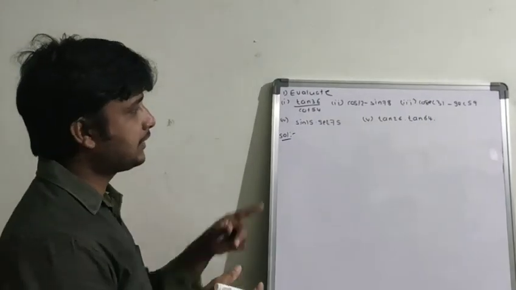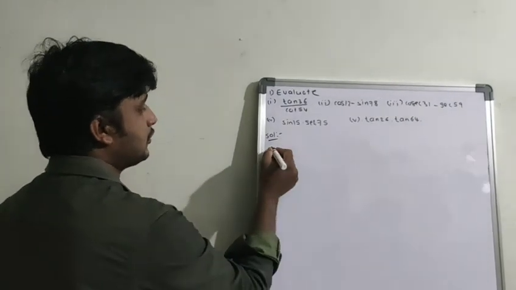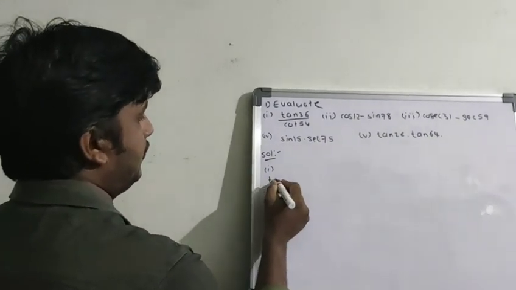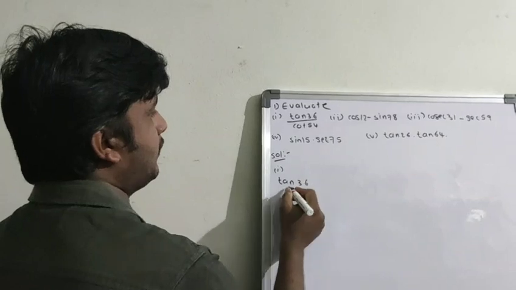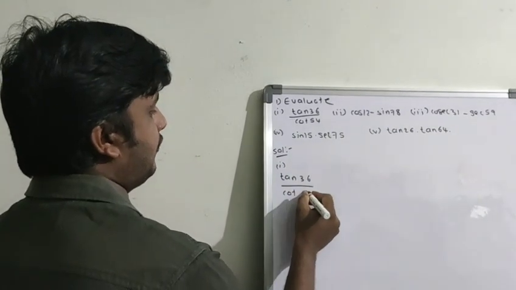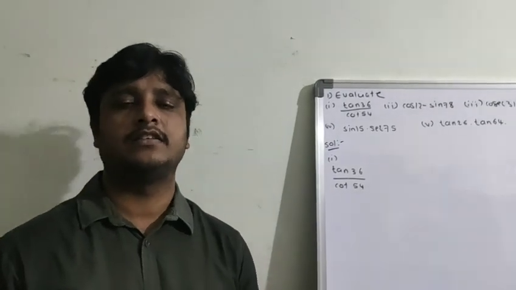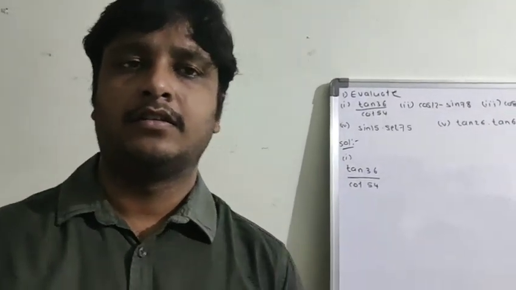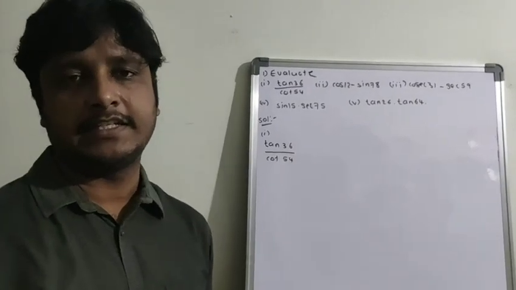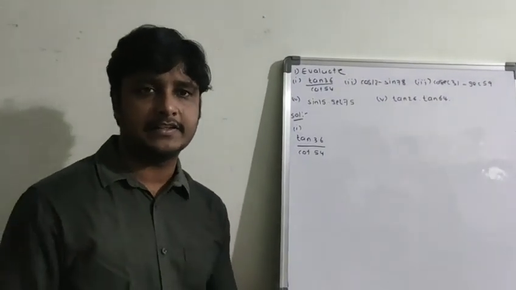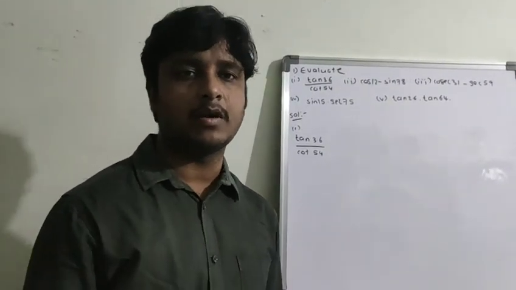I've got the question tan 36 by cot 54. I'm taking the first question, how to solve it. So tan 36 by cot 54. If any other angle is given other than 0, 30, 45, 60, 90 degrees, the question is based on the complementary angles.